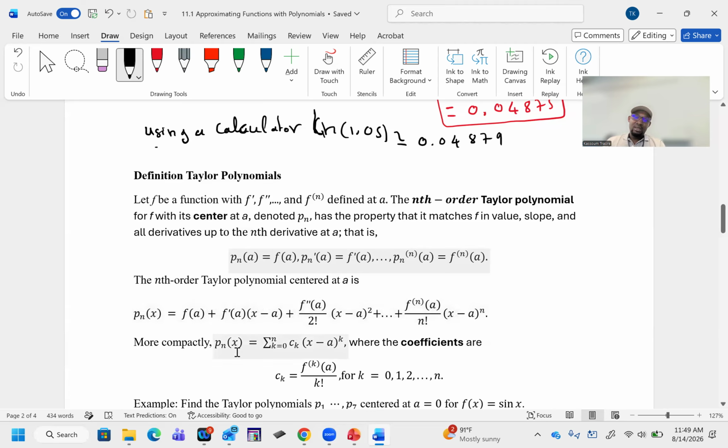More compactly, p sub n of x is equal to the sum from k equals 0 to n of c sub k times x minus a to the power of k, where the coefficients c sub k are equal to the kth derivative of f of a divided by k factorial for k equal to 0, 1, 2, and so on.